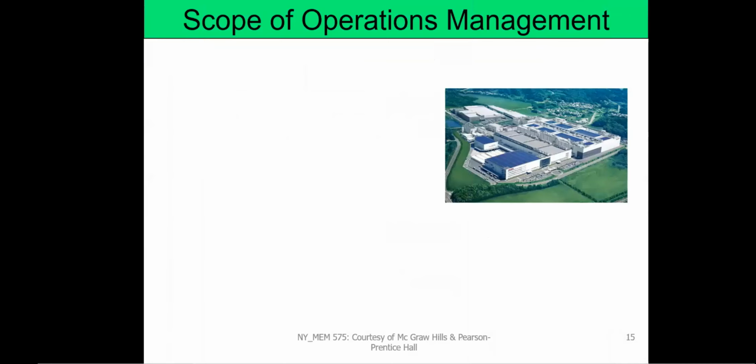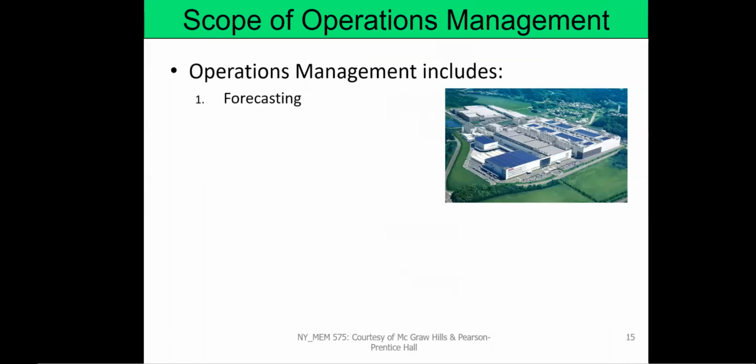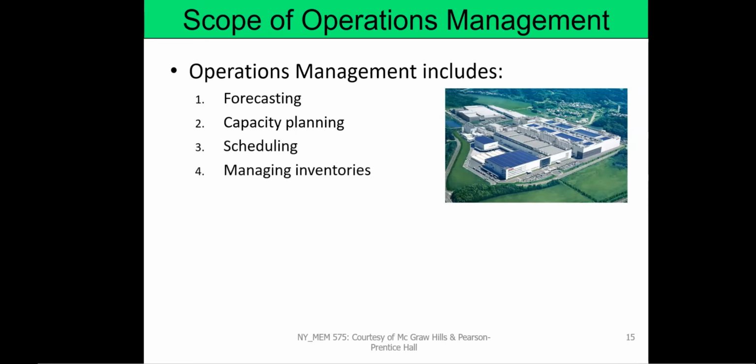What is the scope of operations management? It's a lot. The first one is forecasting, which you will learn in chapter 2. Capacity planning, which you will learn I think in chapter 5 or 6. Scheduling. Managing inventory, how to manage your raw material and your finished goods. Then how to ensure you have a good quality product or service, which we will learn also.